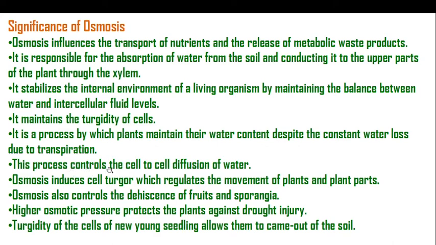This process controls the cell to cell diffusion of water, meaning if one cell contains a huge amount of water, that water can pass towards the adjacent cell, that is nothing but diffusion, and that diffusion is also controlled by osmosis.